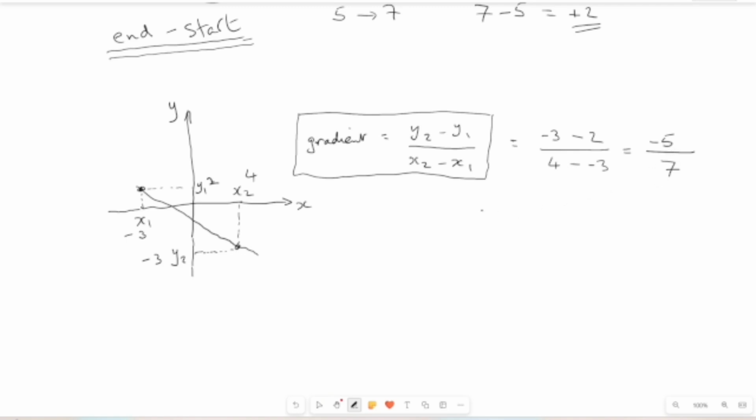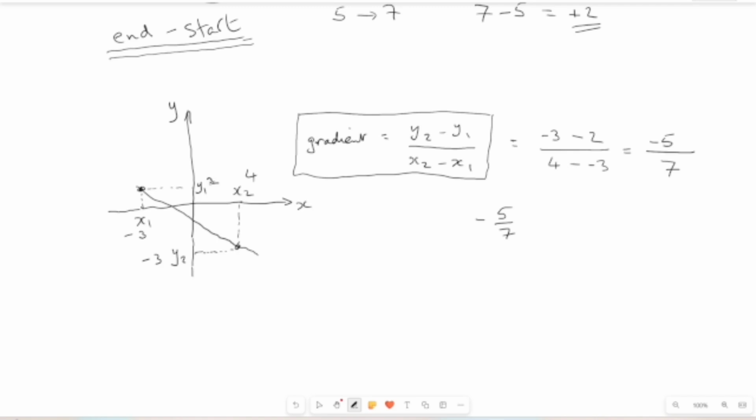So the gradient in this case is -5/7. You can turn that into a decimal on your calculator if you want. So we said this should be a negative gradient, and indeed it is. It's negative. If we just do this in our head, what is the approximate y change?